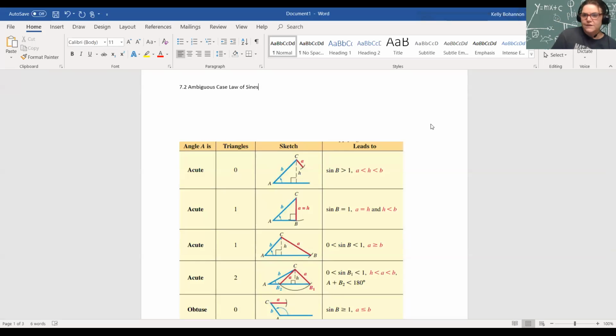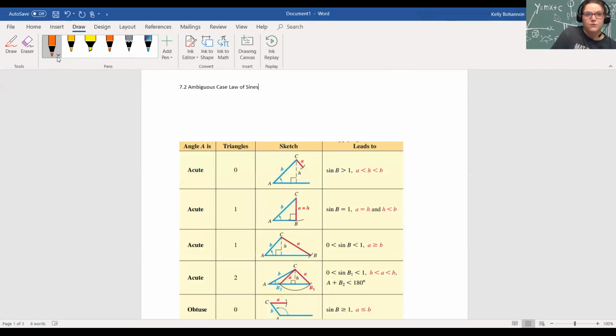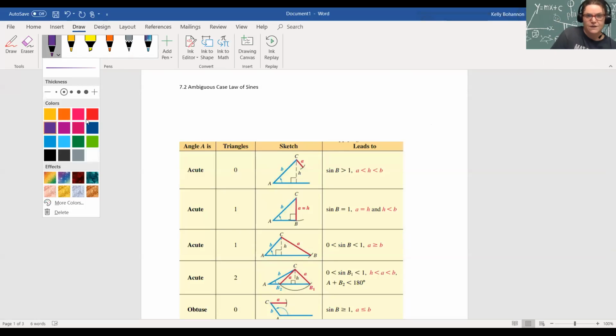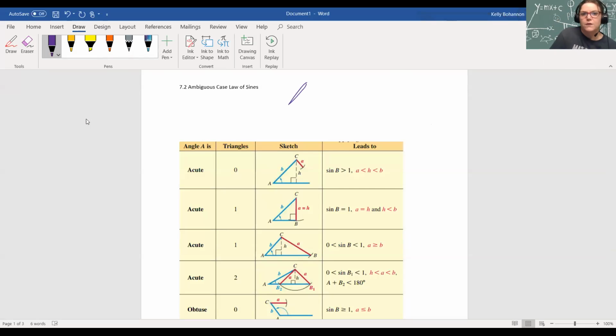All of the law of sines that we did in 7.1, if you remember back to geometry, when you were finding congruence of triangles, there was angle, side, angle. There was side, side, side.